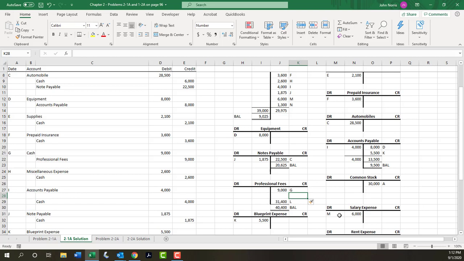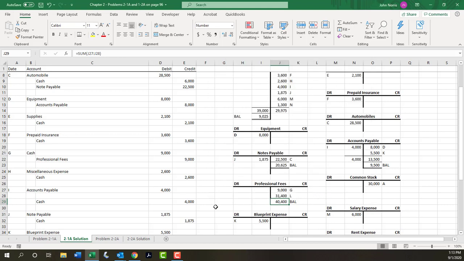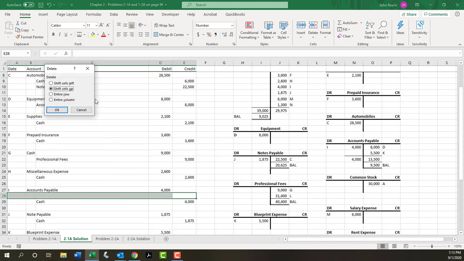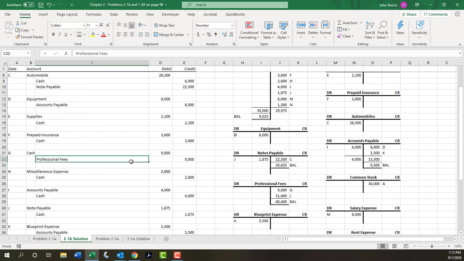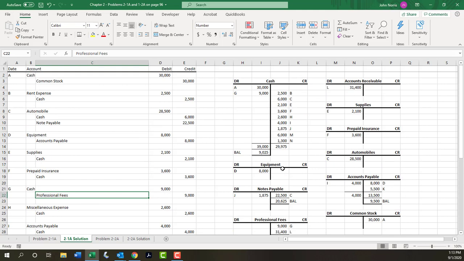Let me clean that up a little bit. And everything else just has a single item. So there it is.